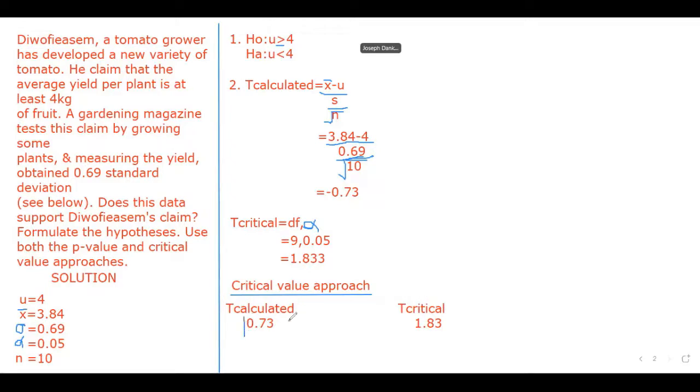And what's the decision rule under critical value? If the T calculated is greater than the T critical, we reject the null hypothesis. But if the T calculated is less than the T critical, we fail to reject. So here, T calculated is less than T critical.